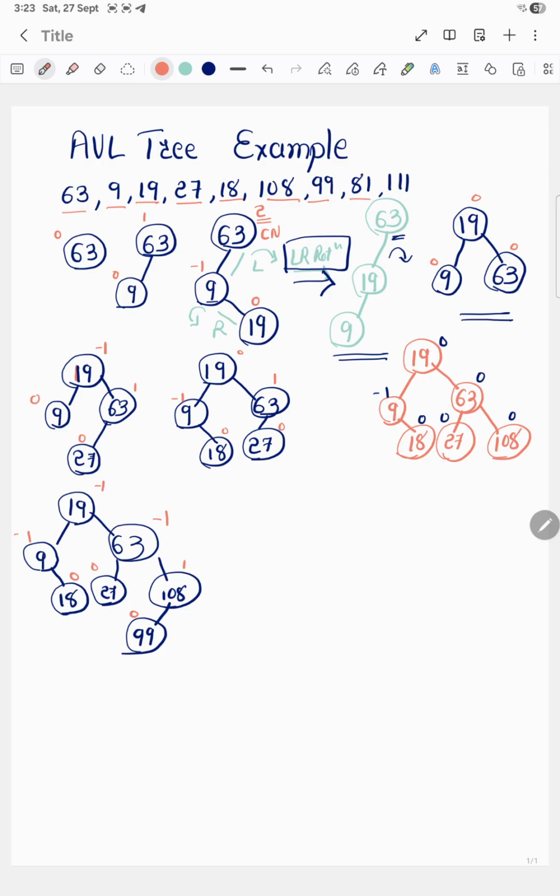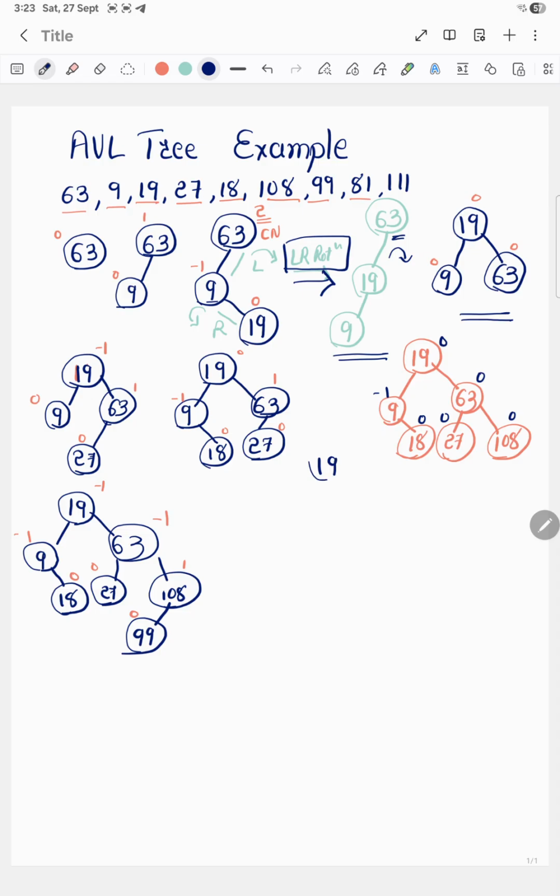So if I check 81, it's greater than 19, greater than 63, but lesser than 108 and lesser than 99, right? So it will become the left child of 99. So I need to just add it.